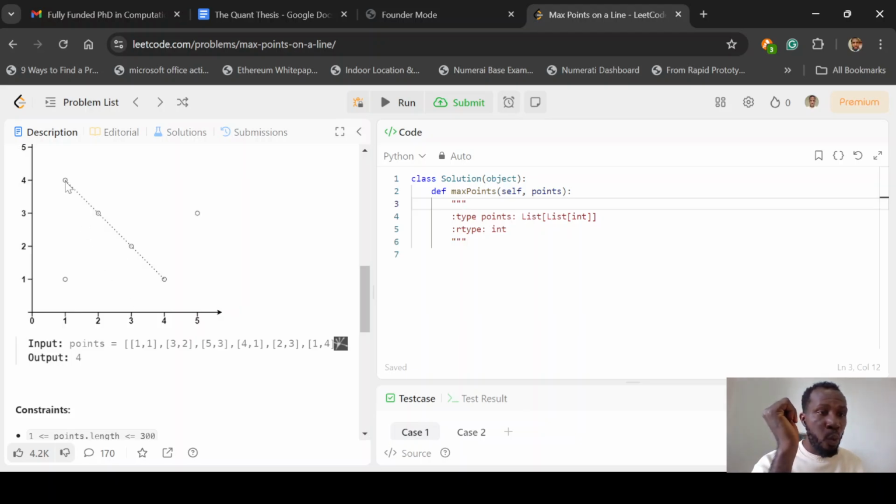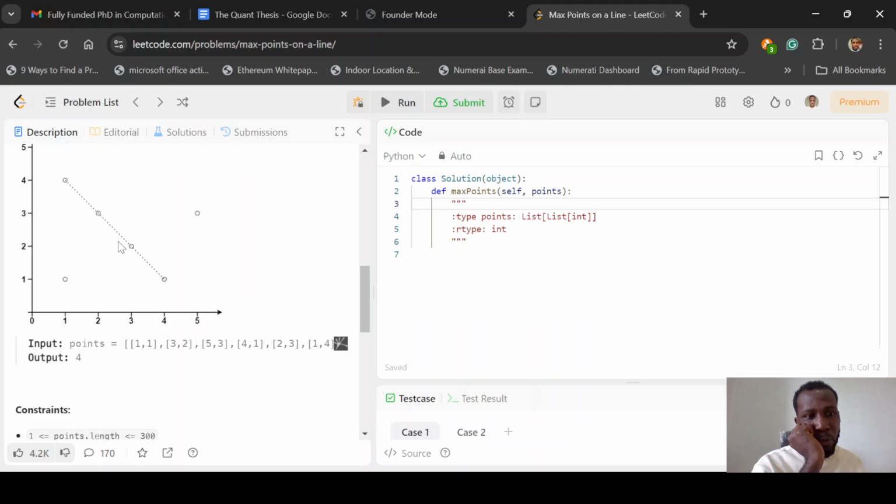What I'm saying is here xy is 1,4, 2,3, 3,2, and then 4,1. So the slope here is minus 1. And if you measure it from point 1,4 and then 2,3, it's minus 1 over 1.